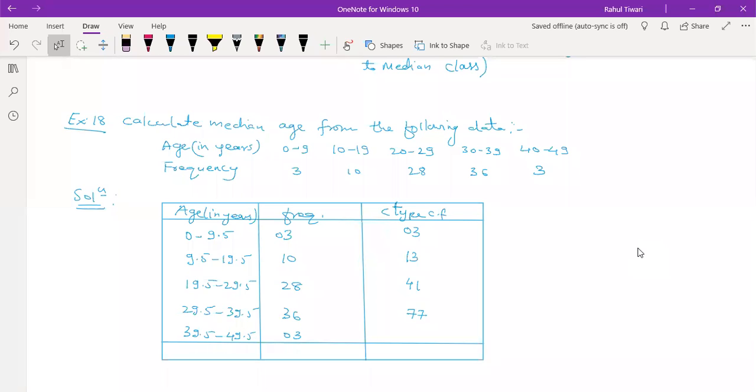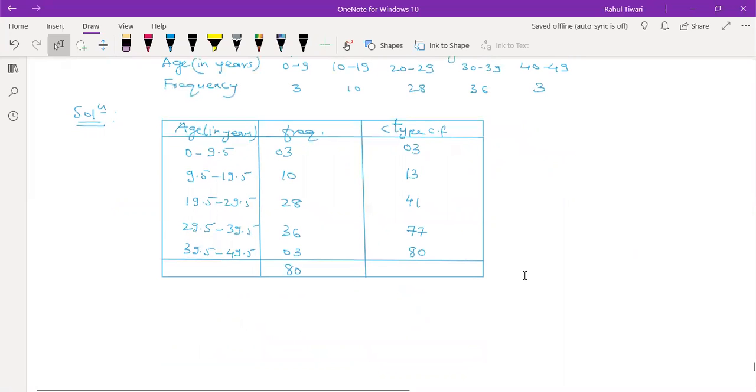So the total is 80, the sum of the frequencies. Is that clear how to find the less than type cumulative frequency, everybody? I hope you already know how to get it.